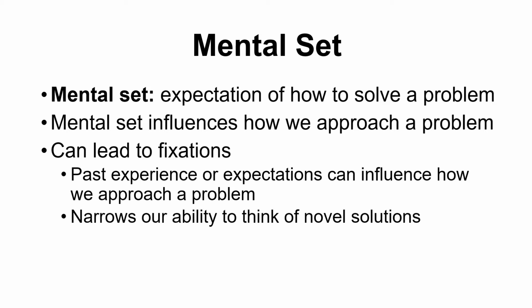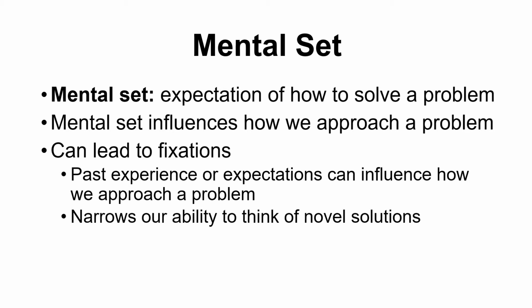If researchers control whether participants experience set A first and then set B, or set B and then set A, they'll find that those who do A first and then B fall prey to that mental set, just like our example. But those who do B first and then A don't have the same problem. They'd find the simpler solution in set B first and not be restricted when they approach set A.